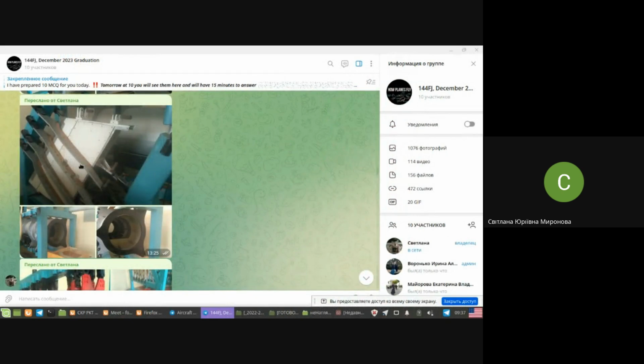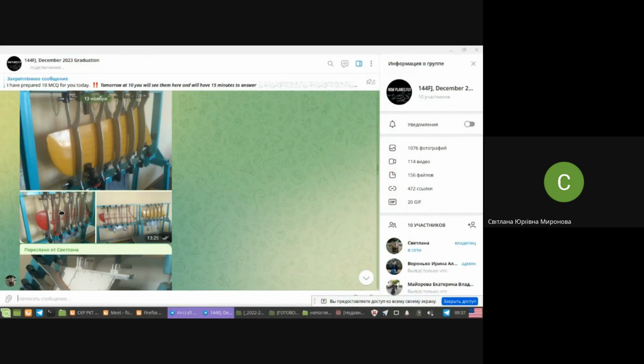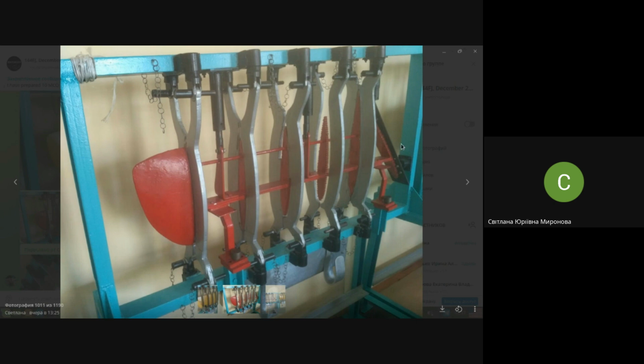It's a special kind of locator. Such a special kind of locator we had in our jig here. I hope you remember that is the jigging plate.